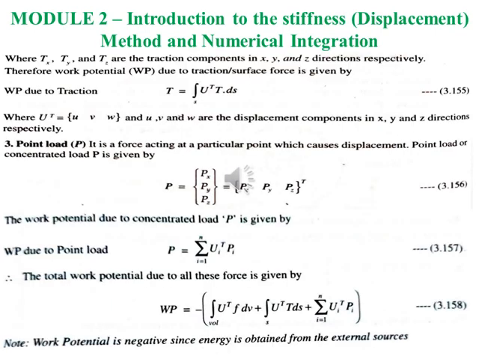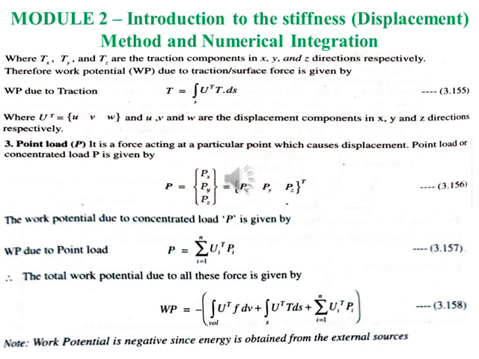Next, the next type of load is the point load. This is the force acting at a particular point where it causes displacement. Point load will always be acting at one particular point in the body. It will be acting at one single point in the entire structure of the body.